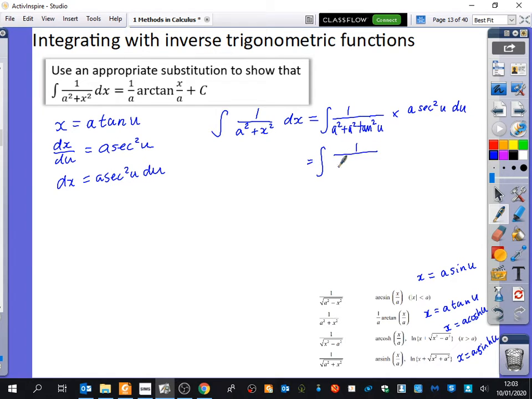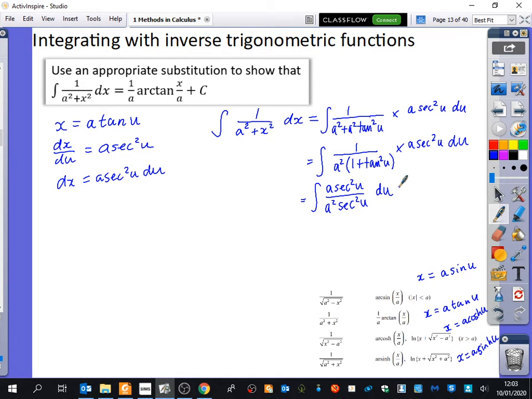So I've got 1 over a squared, 1 plus tan squared u, multiplied by a sec squared u du, which is 1 over a squared sec squared u. And then on the top I've got a sec squared u du.